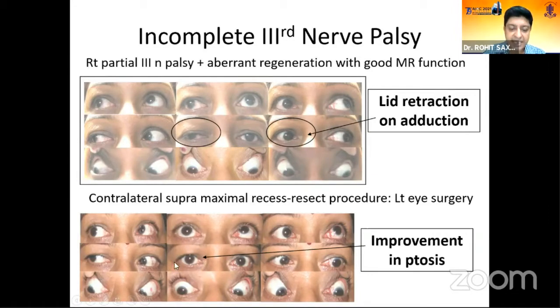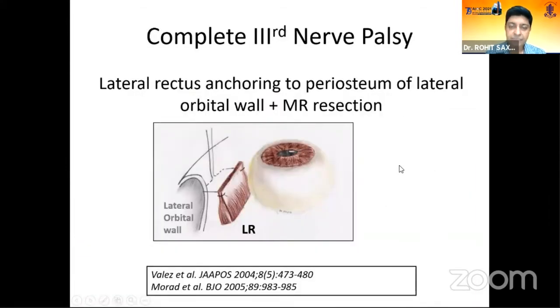So besides getting the correction of the deviation, you are able to augment the upper lid elevation and therefore correct the ptosis. So this is not possible if you operate the ipsilateral eye, because there is no innervational change that is happening. So the fixation duress procedure helps us to use this to the advantage of correcting ptosis.